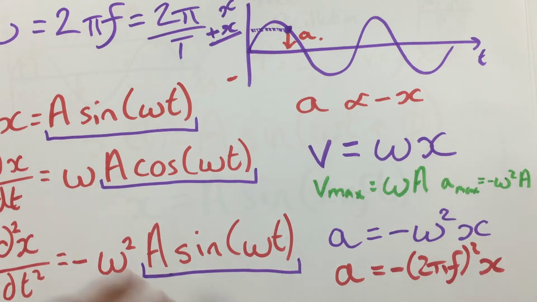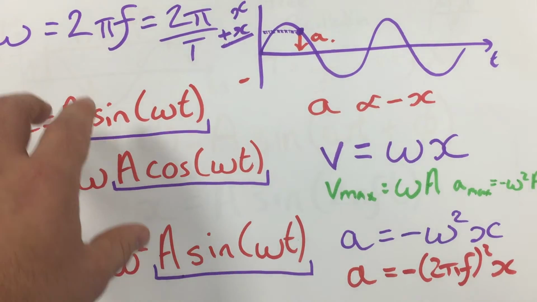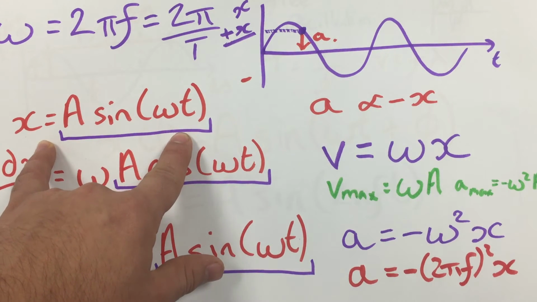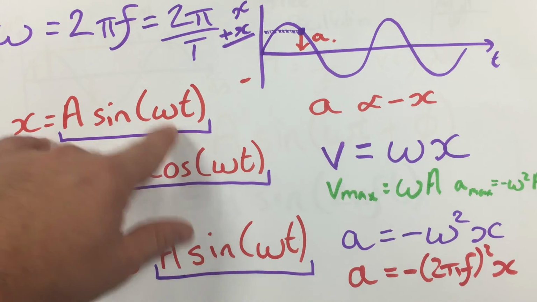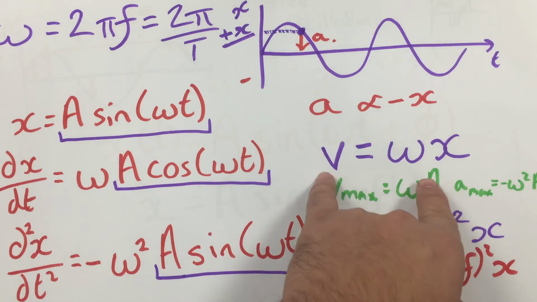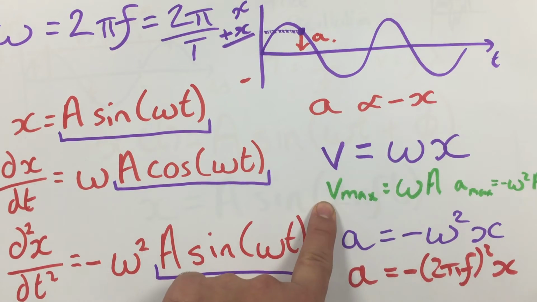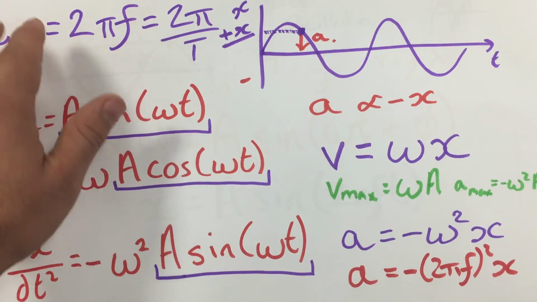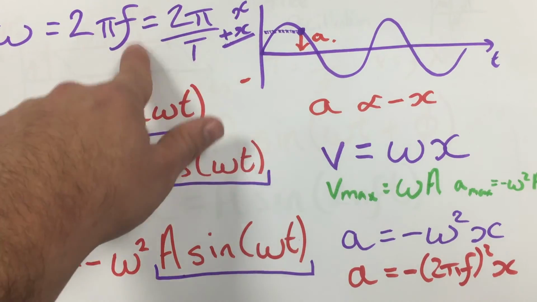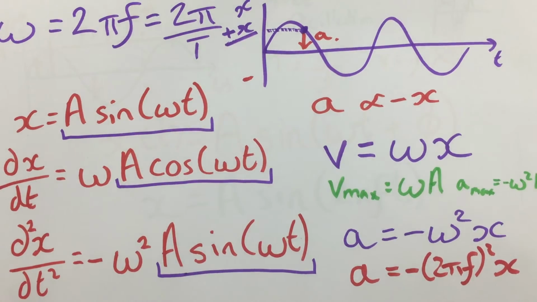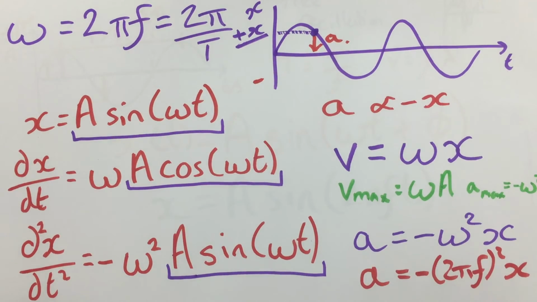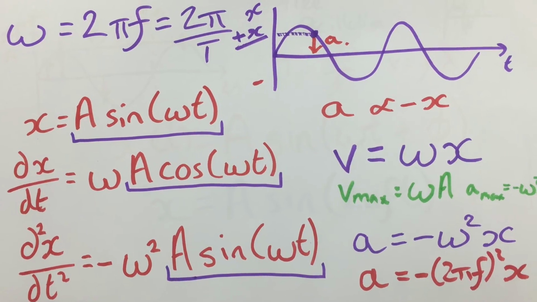So we have here our basic equation for displacement for an object undergoing simple harmonic motion. We then have our equation for velocity, acceleration, both maximum velocity and maximum acceleration, and we have our basic equation for angular frequency, and frequency being 1 over the period. So these are the key equations in simple harmonic motion that you need to be able to use.